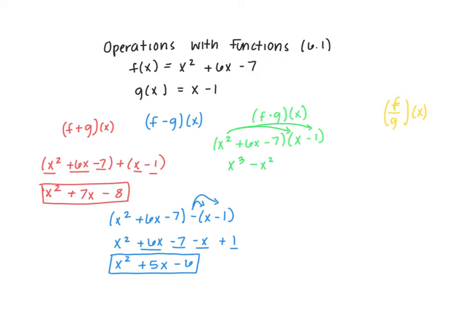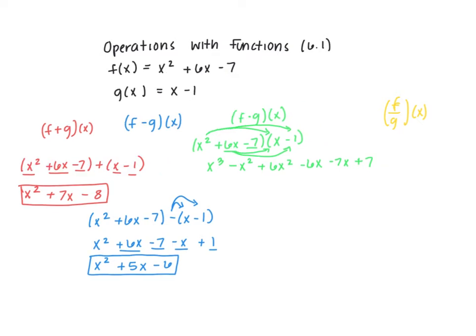Then we're going to repeat the process with 6x, multiplying it by x, and then minus 1. So we get plus 6x squared minus 6x. And then lastly, we're going to do that same thing with negative 7, multiplying first by x, and then by negative 1.